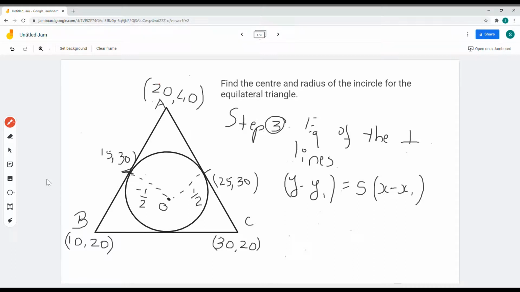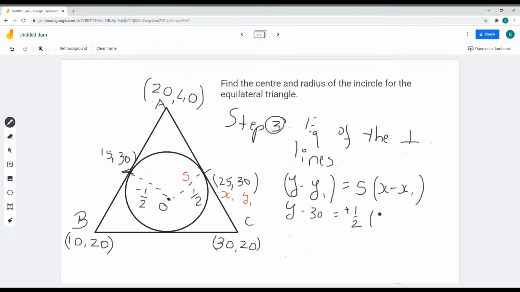All right, so to find out the next equation for the next perpendicular line, I'll again do the same thing. So I'll take this as my reference. So this is going to be my x1, y1, and this is going to be my slope. So let me go change the ink. Let's do it. So what I'll do is I'll write it as y minus 30 equals -1/2 in this case. Oh, sorry, +1/2.